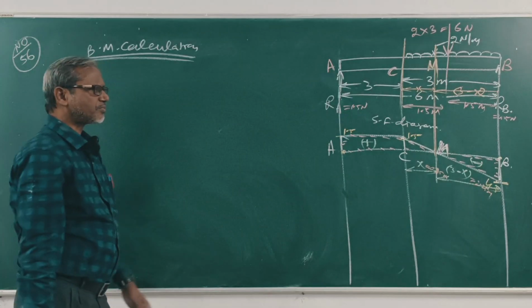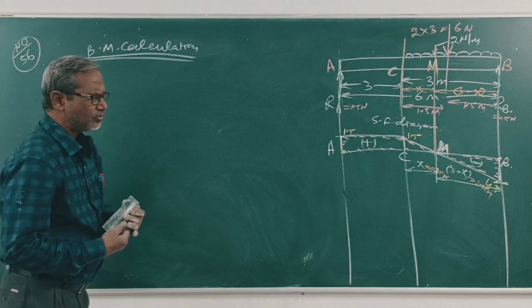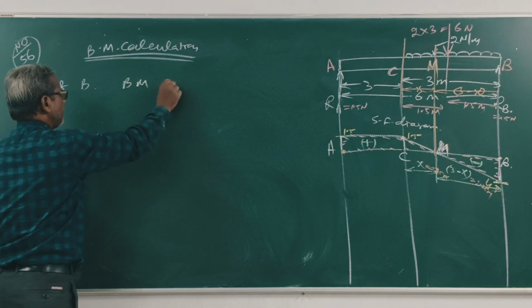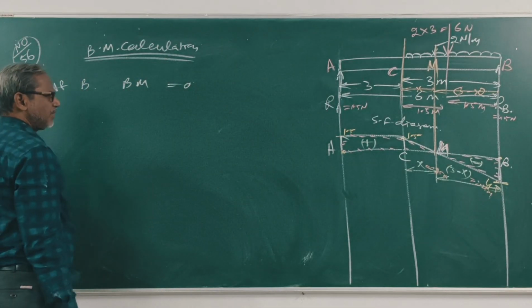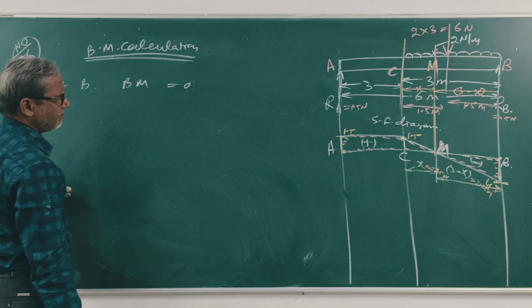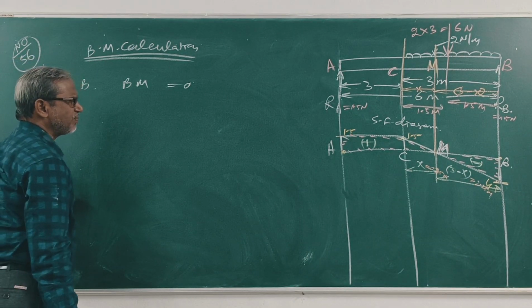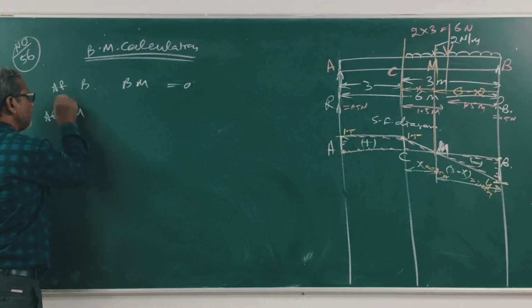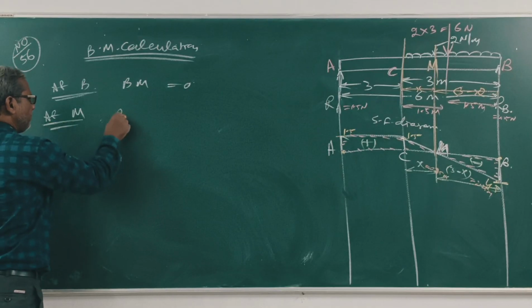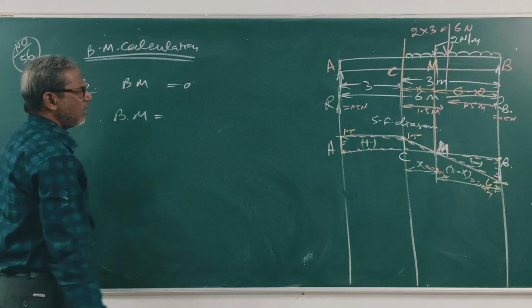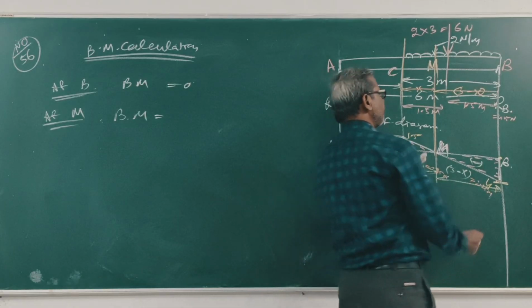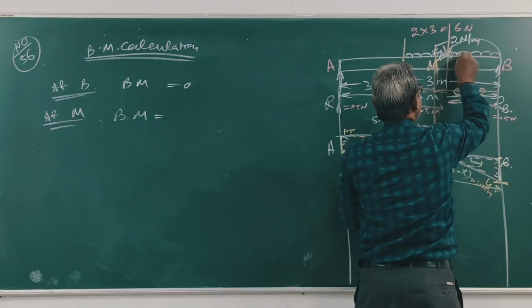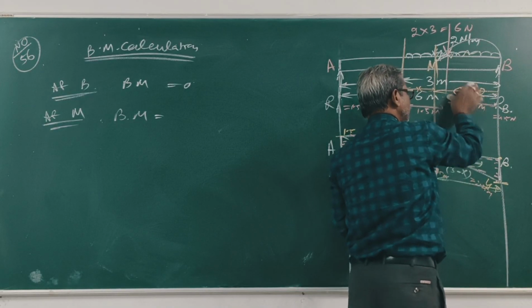Now at B the bending moment is 0. At B, BM is 0. Clear? At M, BM is equal to, at M means up to this, so RB into this plus 2 into 3 minus x into 3 minus x by 2.